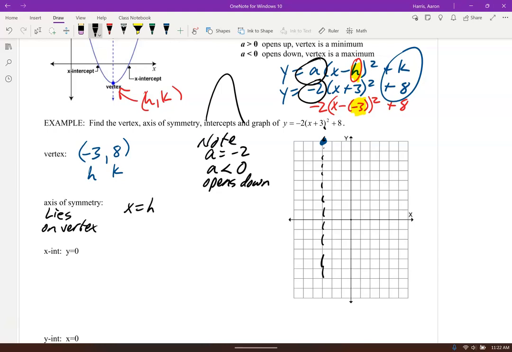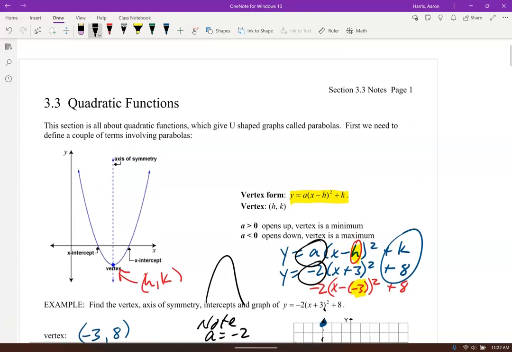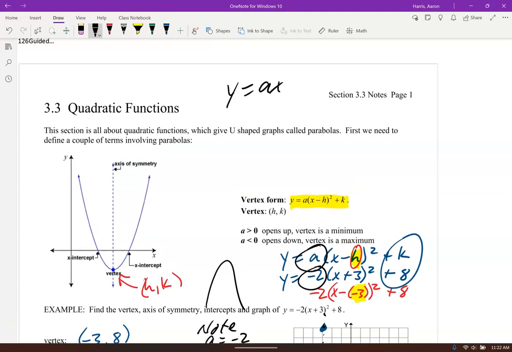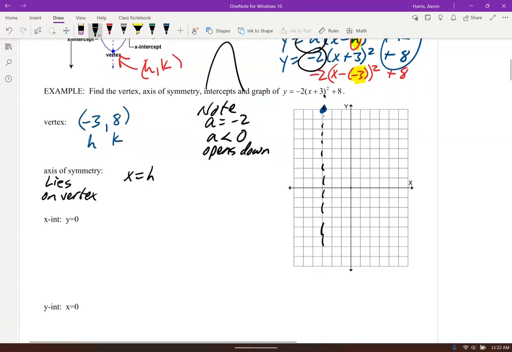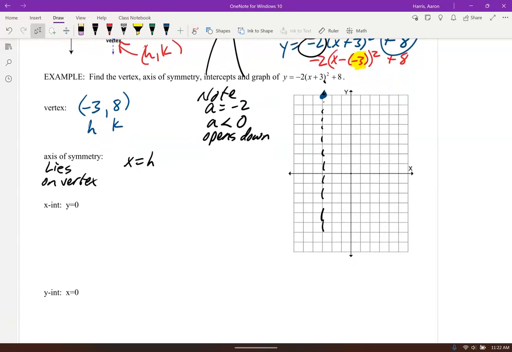In standard form, ax squared plus bx plus c, the axis of symmetry is x equals negative b over 2a. We'll do some in that form later. In this case, we already know the middle of the graph is on the vertex, so it's x equals negative 3. And again, you draw that dotted black line.